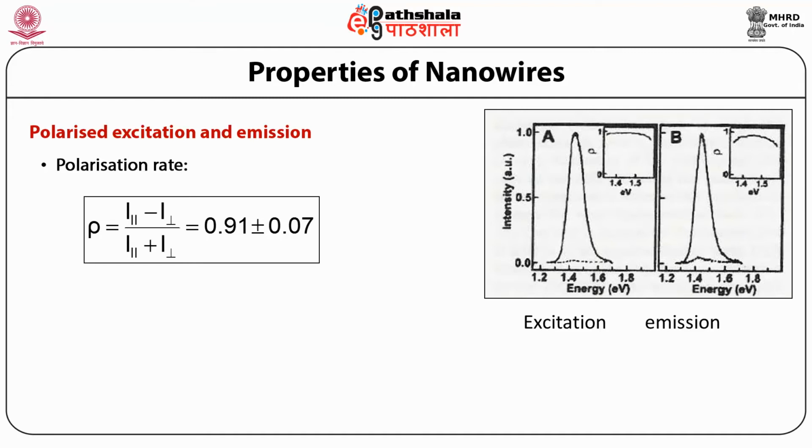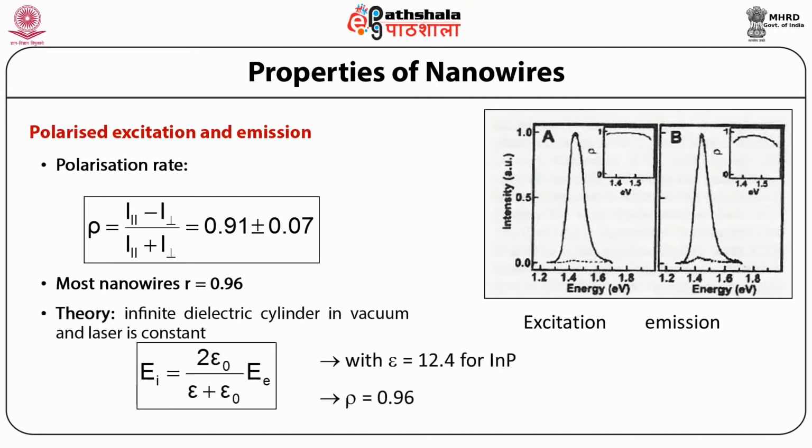So these two are the PL shown for excitation, the A figure, and B is used to show the emission. Mostly nanowires have the polarization rate as 0.96.